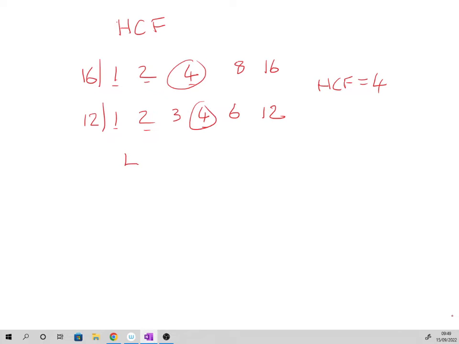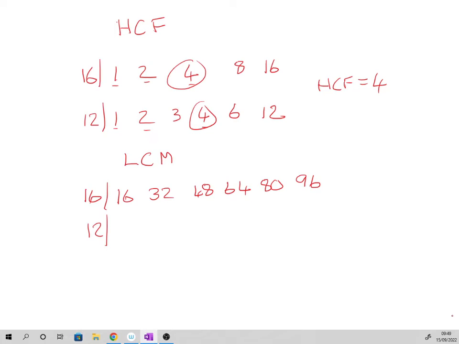Now we did something called the lowest common multiple, and this is just the times table, and we're looking for the lowest number. So again, we do 16 and 12. I don't know how far we're going to have to go with 16, but you do the 16 times table: 16, 32, 48, 64, 80, 96.